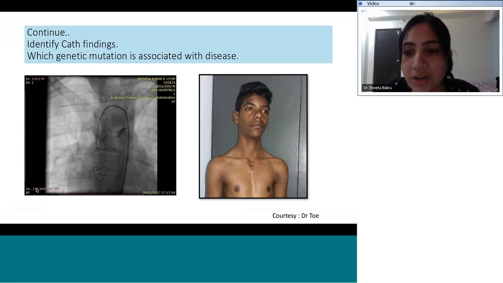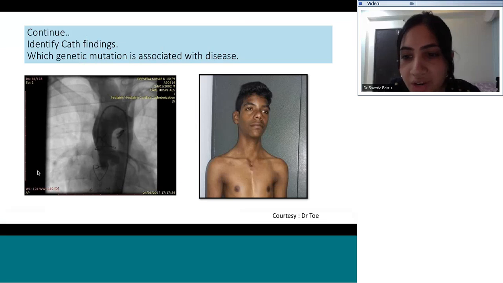And do you routinely do angiography for supravalvular AS? Peripheral PS, very good. Yes. What else? They have generalized arteriopathy. Systemic hypertension is one more association with the Williams syndrome and supravalvular AS, but yeah, renal artery stenosis.